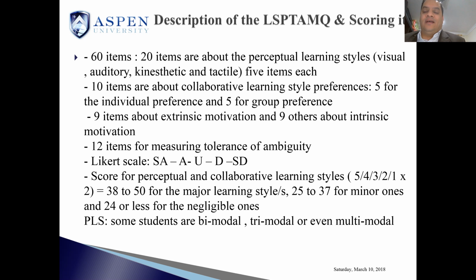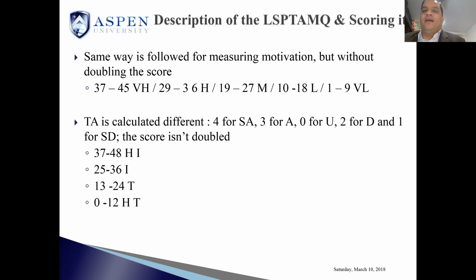Most of them scored highly in 2 or 3 different learning style preferences, which means that they are bimodal, trimodal, or even multimodal. As for calculating the score for motivation, the same method is followed, but without multiplying the score by 2.